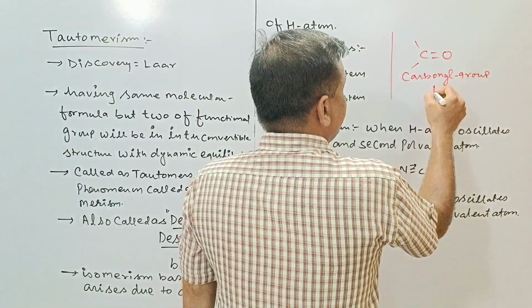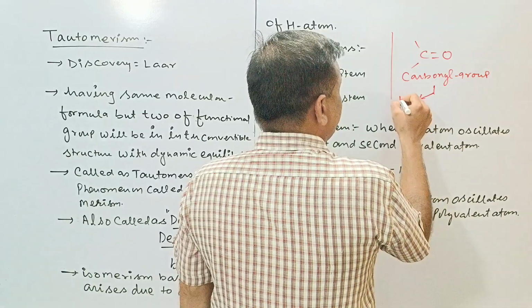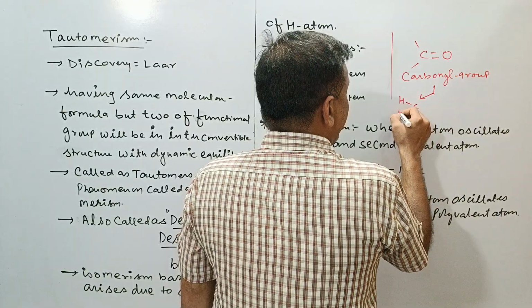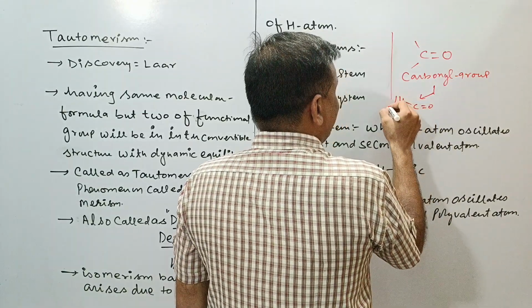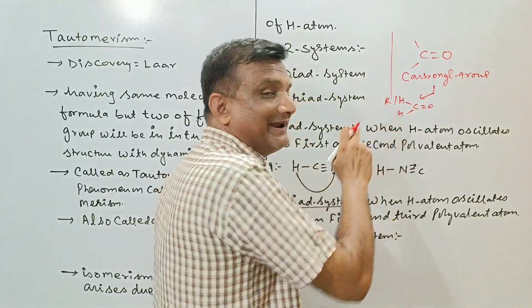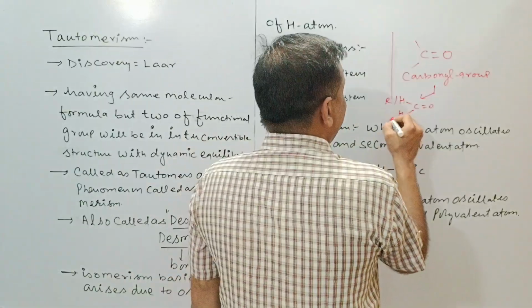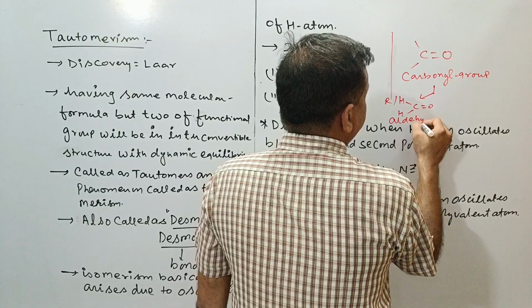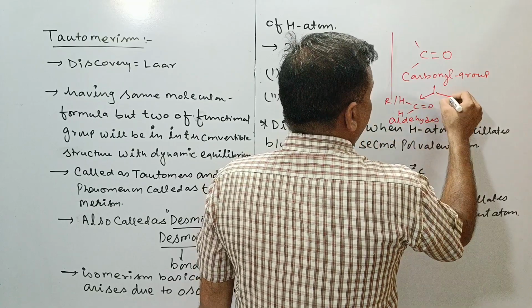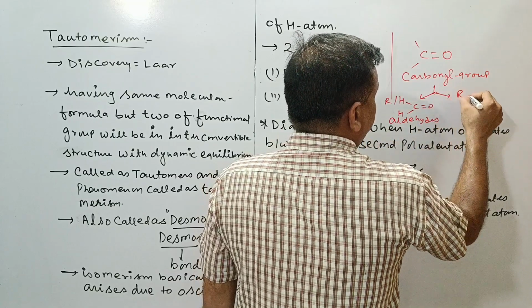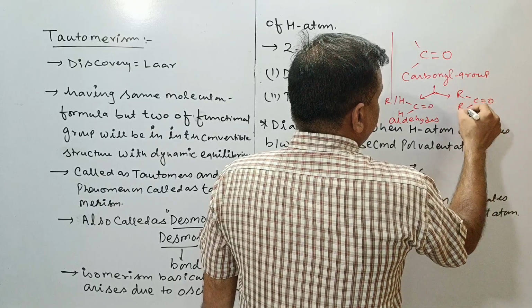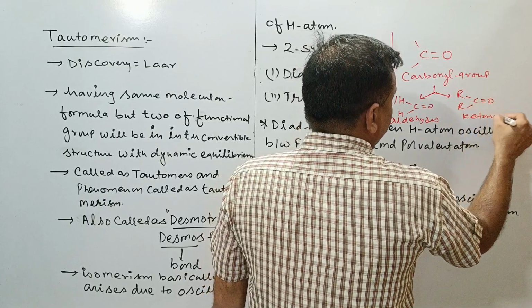And if of the two free valencies either both are hydrogen, or one is alkyl and another hydrogen, then those are known as aldehydes. And if both free valencies are alkyl groups, then that is called a ketone.